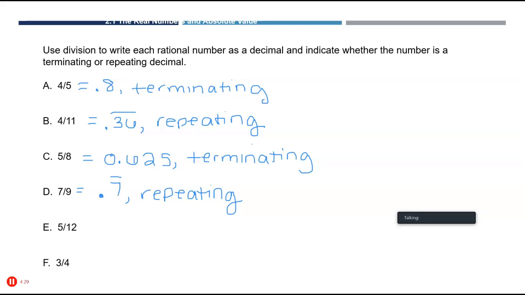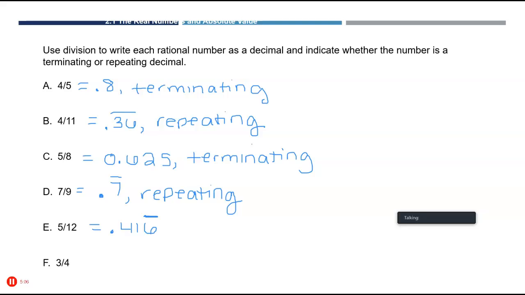Logan, what's 5 divided by 12? Okay, so how he said his calculator rounded that 6 to the 7, our calculators cannot indicate a repeating number using the bar like we do.